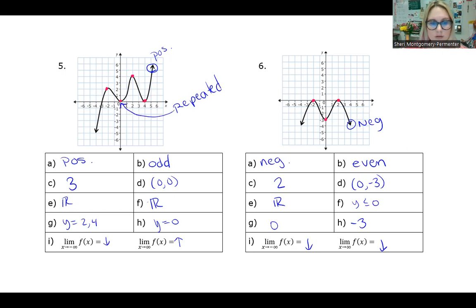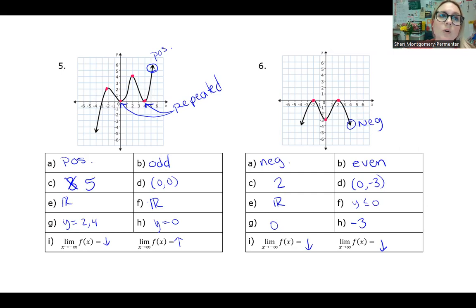When we talk about these roots, I should have been more clear about these being repeated. We do have 3 roots, but this one repeats and this one repeats. So instead of 3, we technically have 4, 5. This would be a 5th degree polynomial, so I'm going to mark this out and say 5, because those repeat.